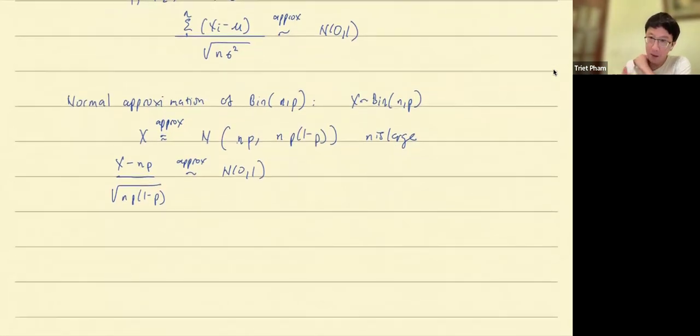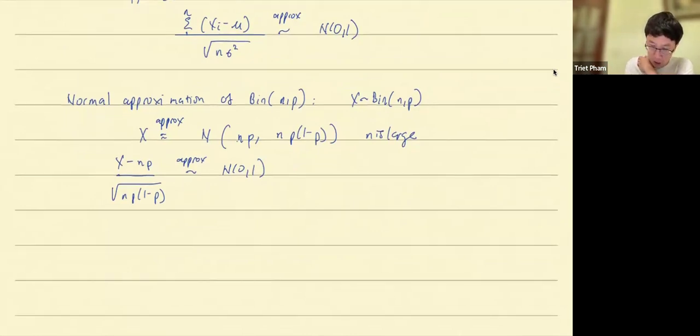Now, having said this, there is something called the continuity correction, when doing normal approximation of binomial.